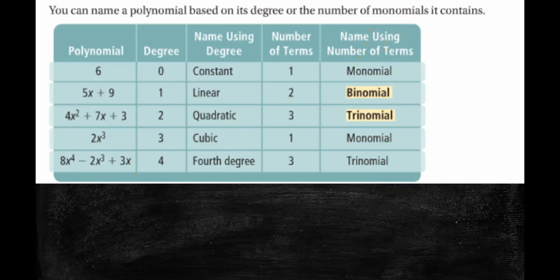Here in the first column, we have an example of a polynomial. And I told you that a polynomial could be a monomial or more than one monomial. Like this one, 6, it is a monomial. 5x plus 9 is also a polynomial, but all of them are polynomials. I want now to find the degree of each one. Look at the first one now.